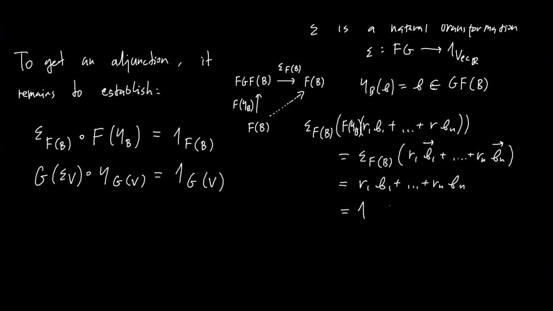So this is the same as the identity map applied to it. Because we know f is a functor, this is just the identity linear map, right? So it would therefore be R1 B1 plus all the way up to Rn Bn.